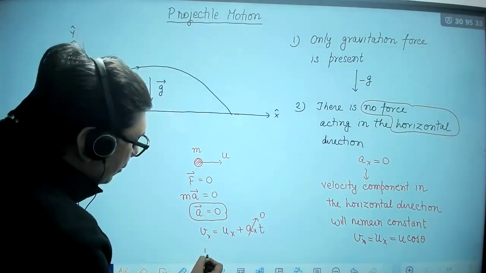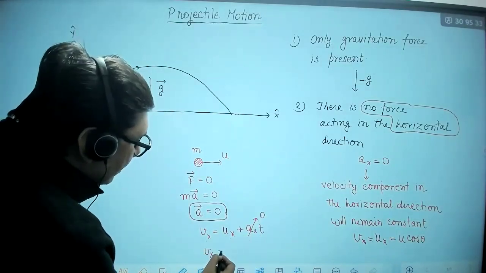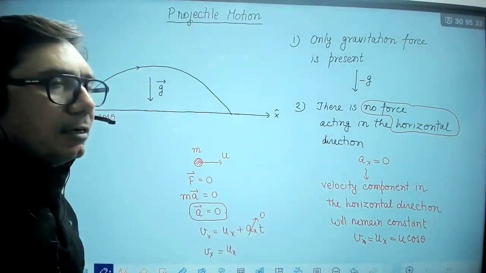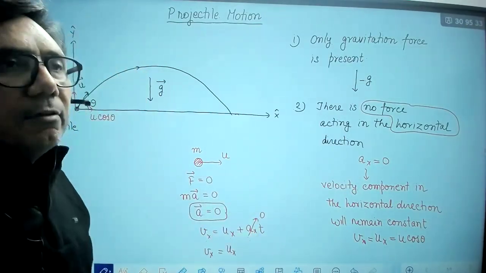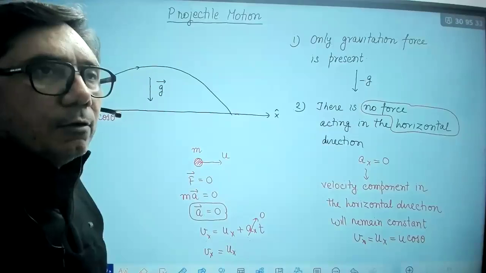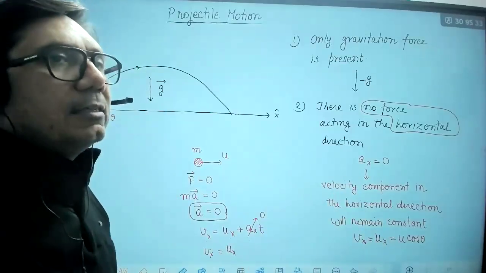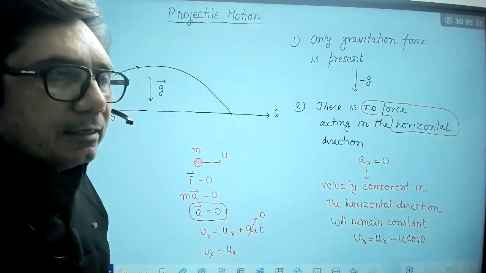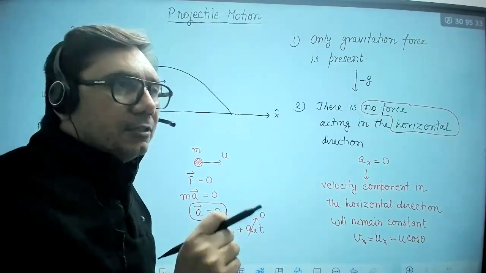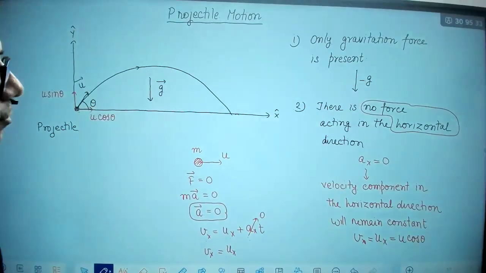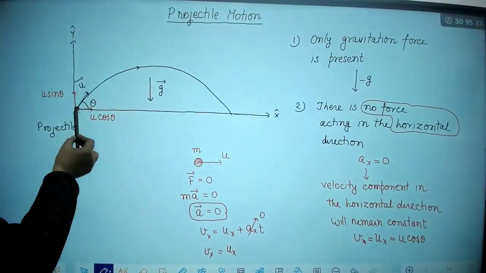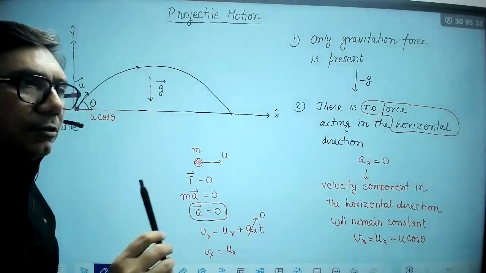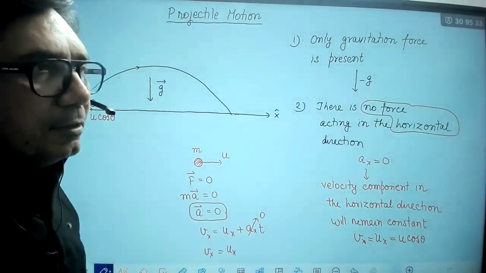So throughout the motion, this Vx will be equal to ux. If no force is acting in the horizontal direction, the acceleration will be 0, and the particle will move with the same velocity it has. That is also called inertia. Due to the property of inertia, it will continue to move in the horizontal direction with the same component.